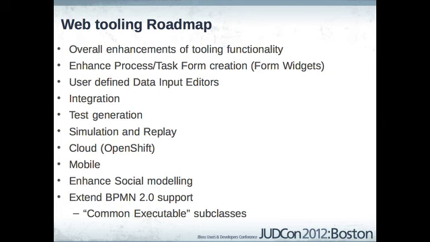We want to enhance our presence in the cloud and also on the mobile side. Social modeling, social BPM is a big topic right now that I don't think anybody really knows what it is and what it will be currently, but that's something that we're going to try to tackle, especially in our web-based tooling, because I think it's very appropriate.